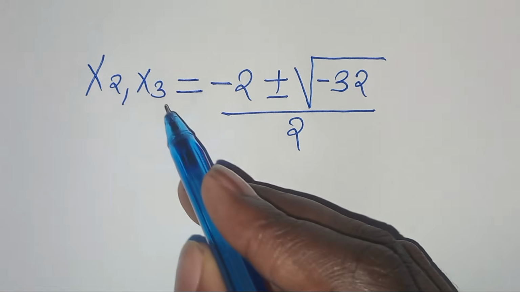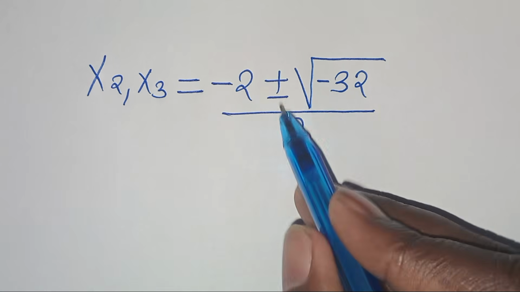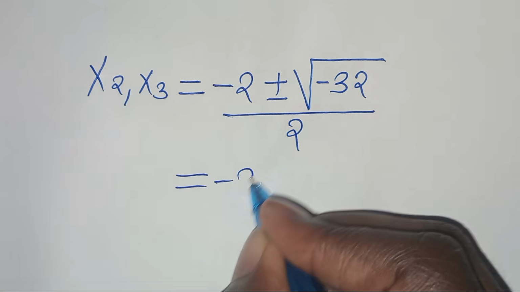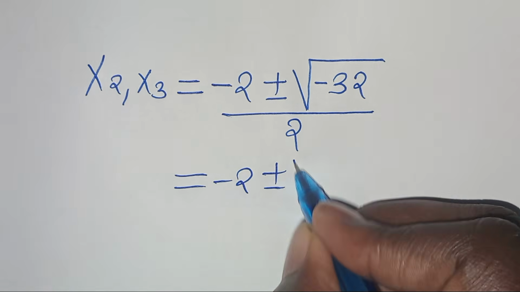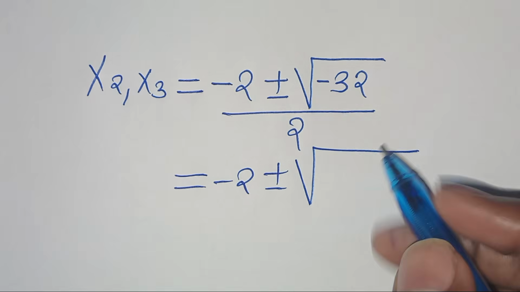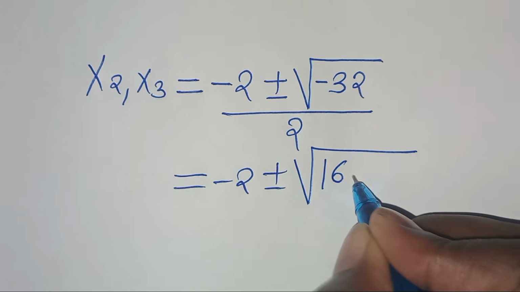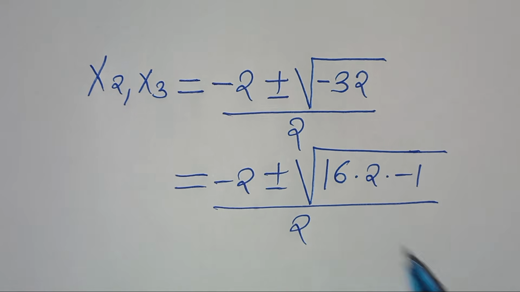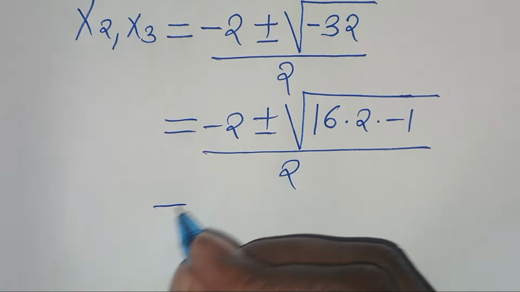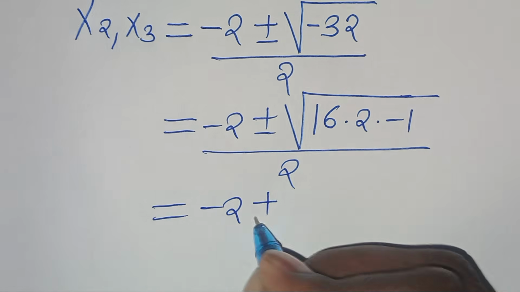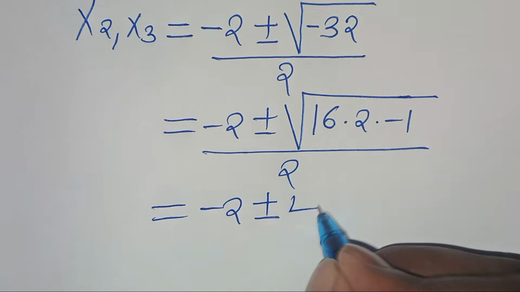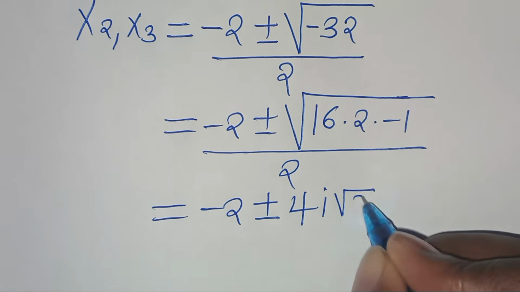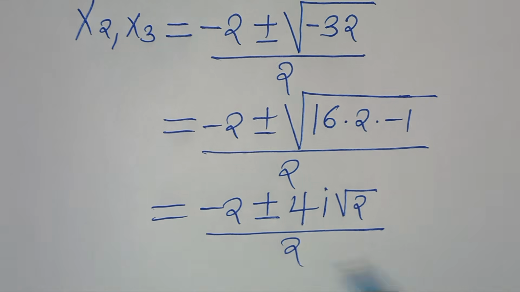Now we have x2, x3 equal to negative 2 plus or minus the square root of negative 32, over 2. This is the same thing as negative 2 plus or minus the square root of negative 32, which is the same thing as 16 times 2 times negative 1, divided by 2. So now this is negative 2 plus or minus the square root of 16, which is 4, the square root of minus 1, which is i, then the square root of 2, divided by 2.